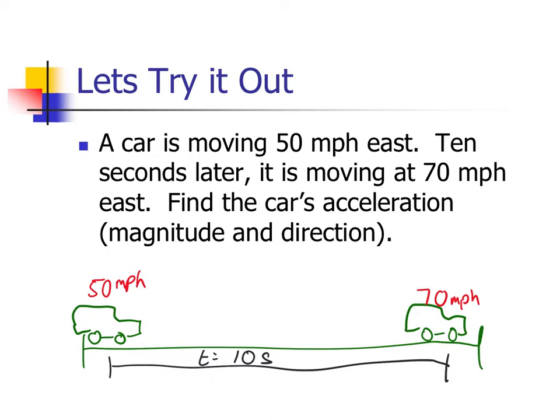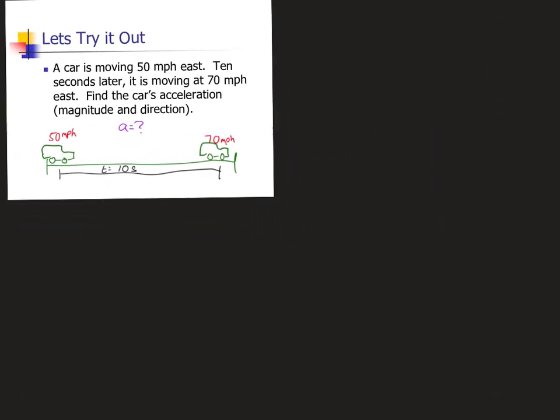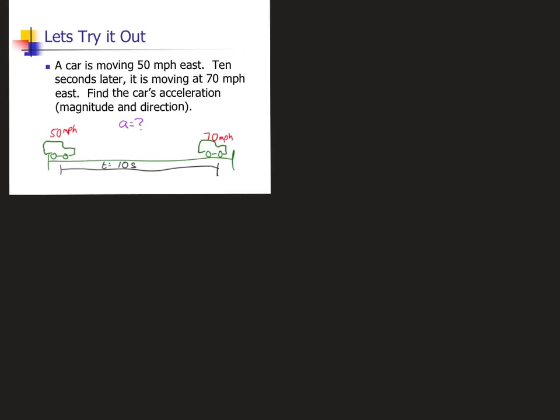And we're asked to find what is the car's acceleration. We have all the parts that we need to put this together. Now that I have it drawn out, I'm going to resize this so that we can start to write it out. That means identifying my givens. I have an initial velocity, what's originally going.